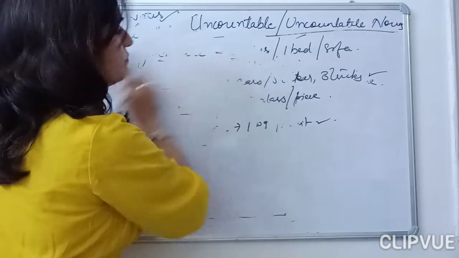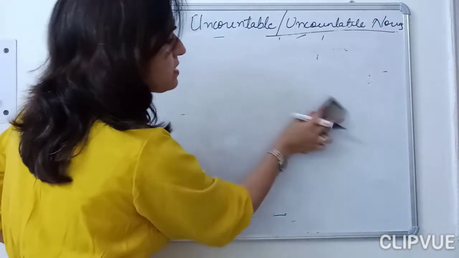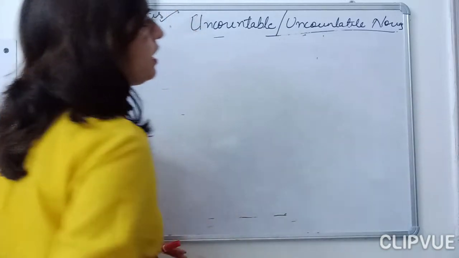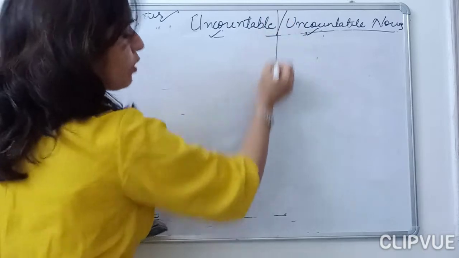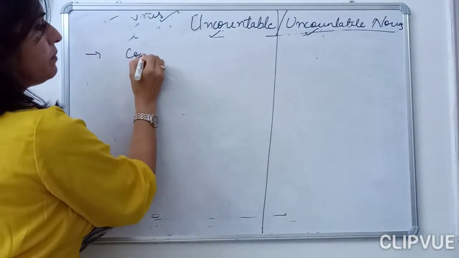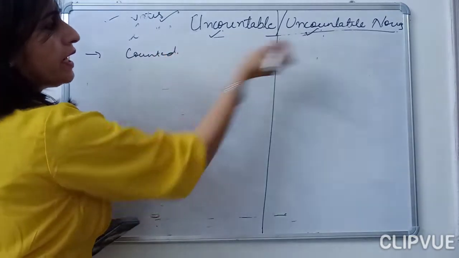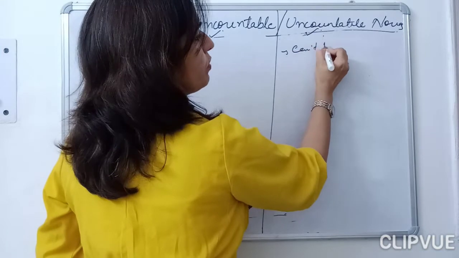Now let us quickly revise what we have done here, children. We have done the countable noun and the uncountable noun. We have learned that countable nouns are those that can be counted, and uncountables are those that cannot be counted.